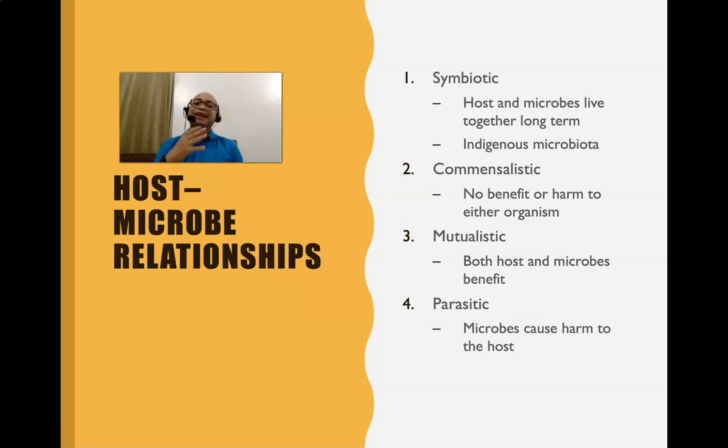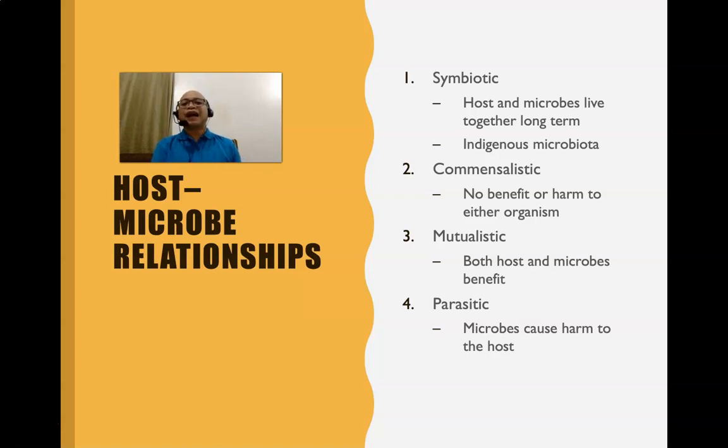In some cases, there are also relationships which can be categorized as commensalism, meaning there is no benefit or harm to either organism, whether we are pertaining to the host or to the microbiota. When we say mutualistic relationship, both the host and the microbes would actually benefit.